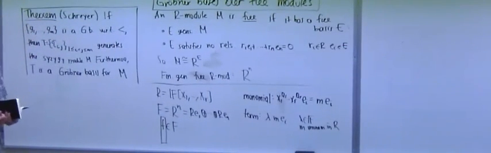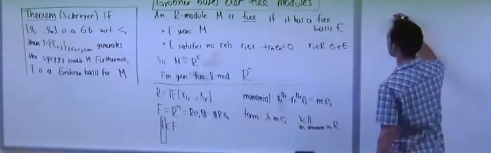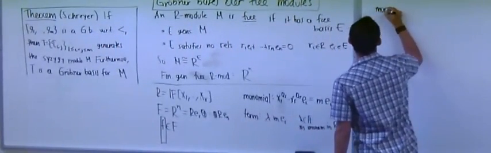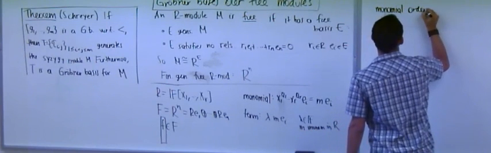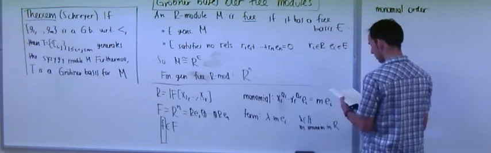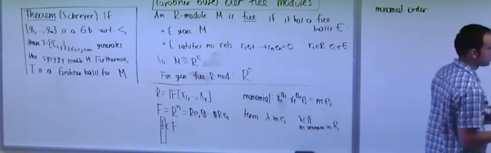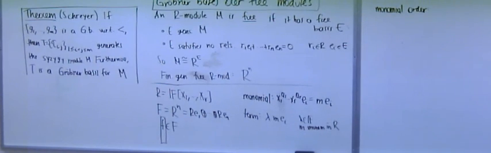And now I need to define monomial orders. Okay? And the reason that I need to do that is because I'm about to prove a theorem saying that tau12, tau13, and tau23 are Groebner bases. In other words, that their initial terms generate something, right?